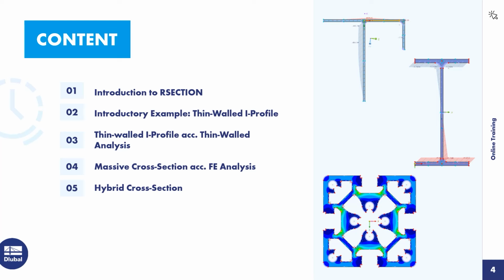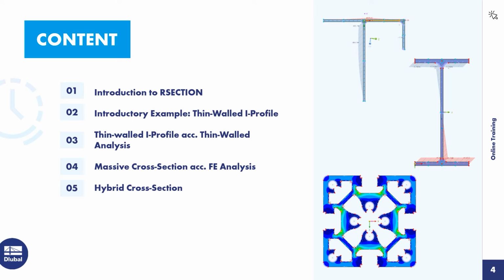This brings me to today's training program. I will first give you an introduction to the RSECTION program. Using several examples, I would like to show you the modeling options and design methods in the program. In the first example, a thin-walled I-profile is modeled with graphic functions. I will model this slowly so that you can enter this cross-section as well.